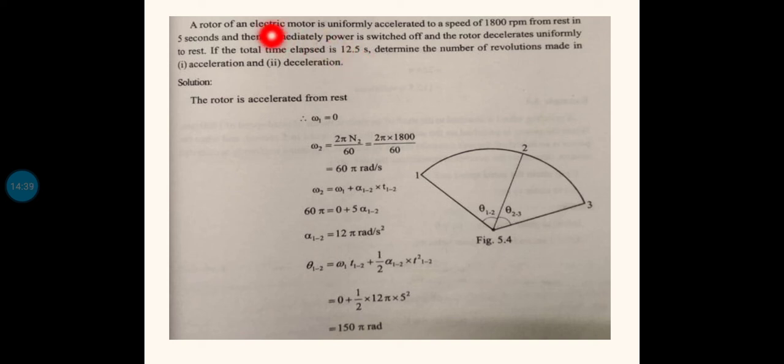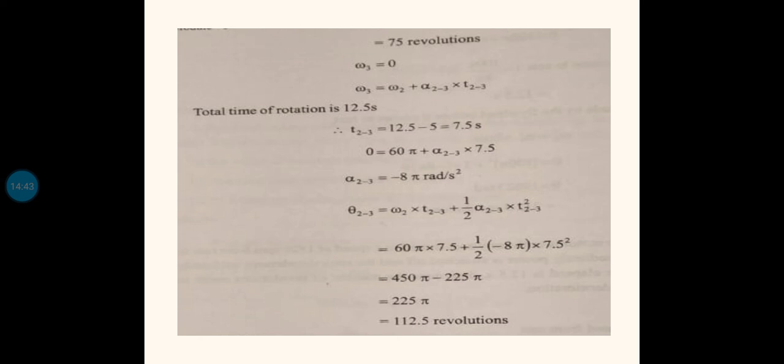So 12.5 minus 5, that is 7.5 seconds, is the retardation part. So t 2 3 is 7.5 seconds. On substituting, you will get alpha 2 3, the angular retardation, as minus 8 pi radian per second square.